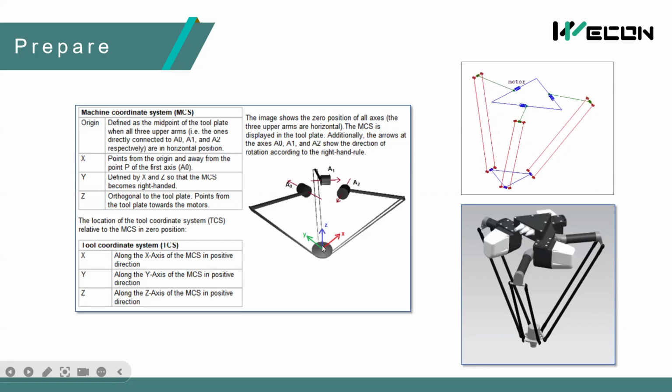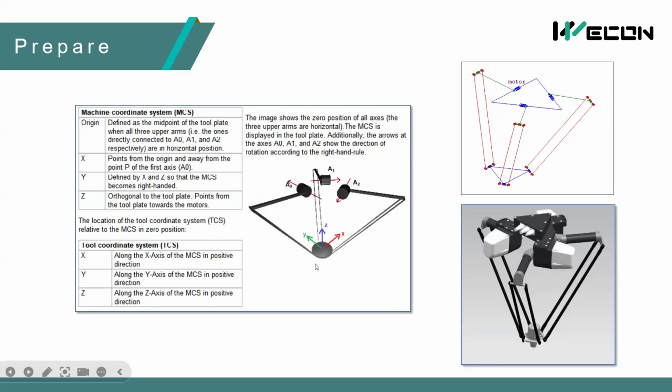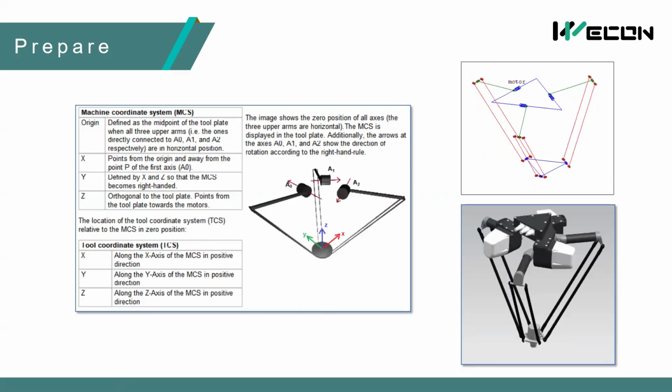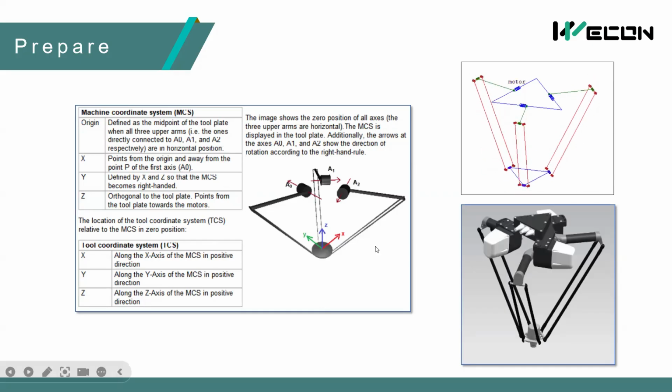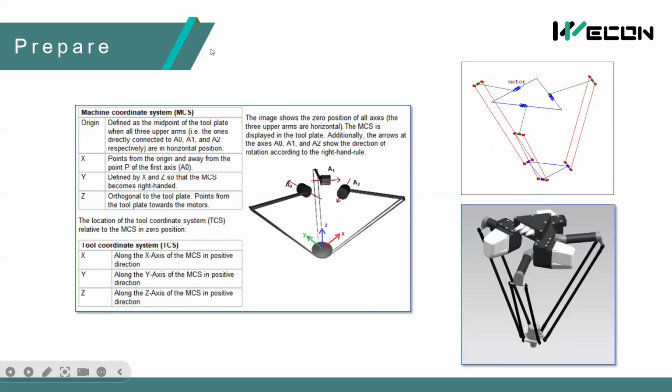So if from the zero position we set the target position as, for example, 0, 0, 1, then all these three arms will go up, moving this point up.